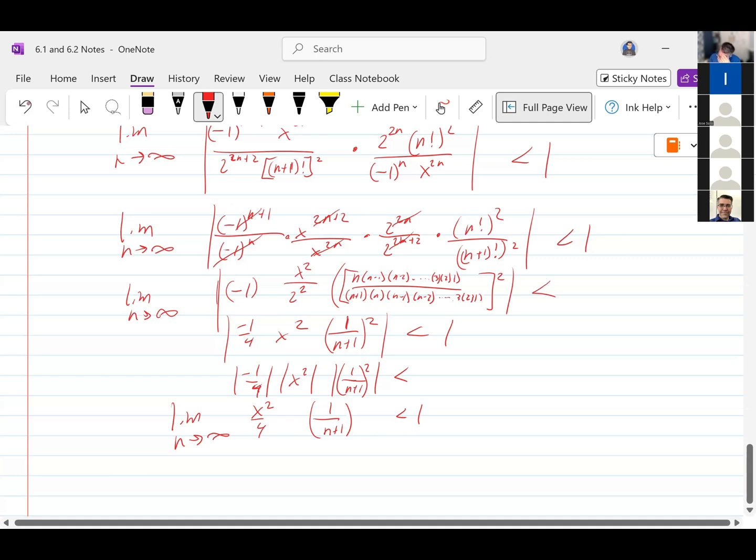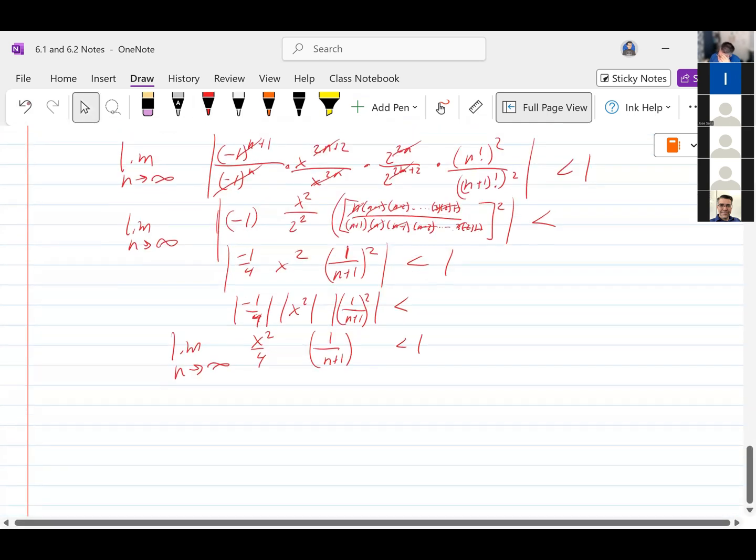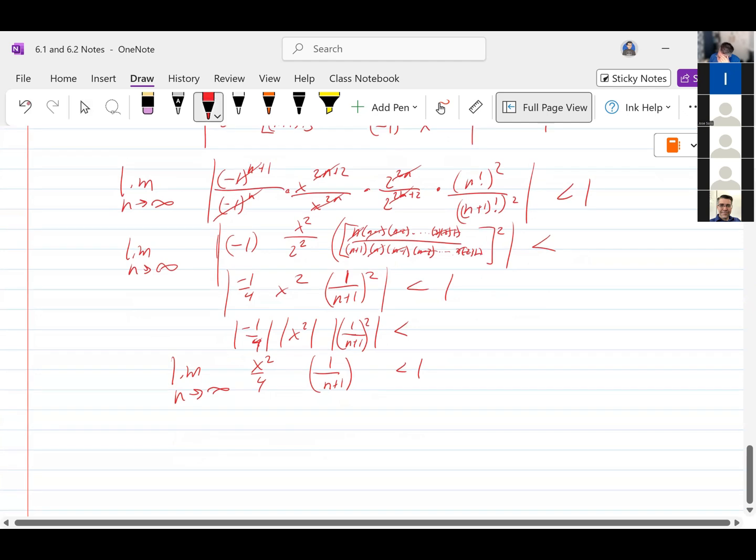Everything cancels except for the 1 over n+1. The limit of 1 over n+1 goes to 0, so everything gets wiped out here.